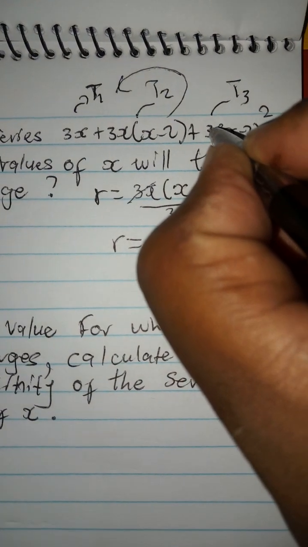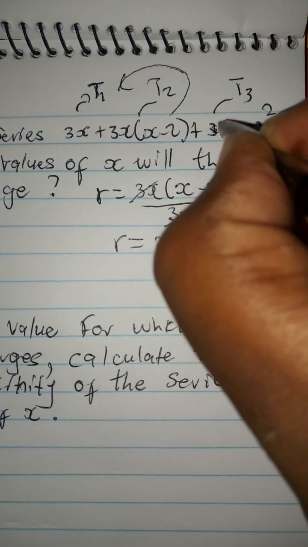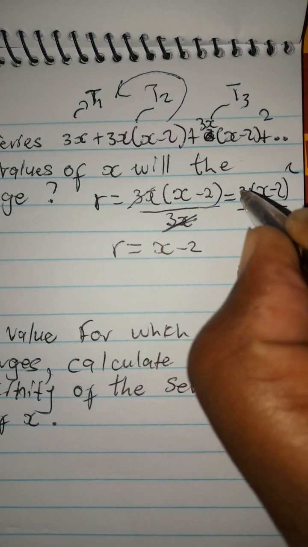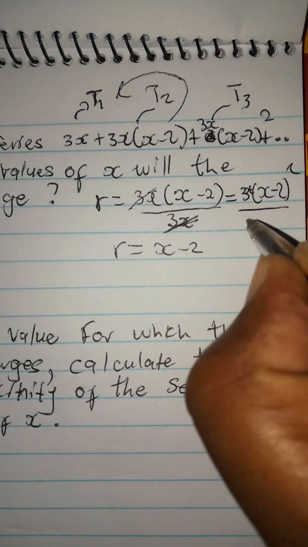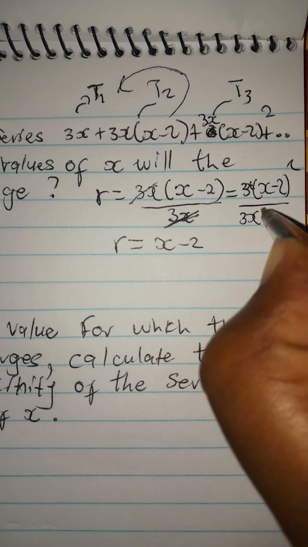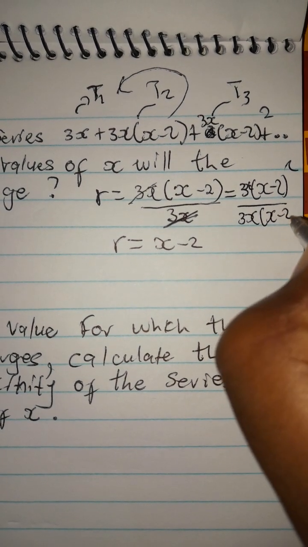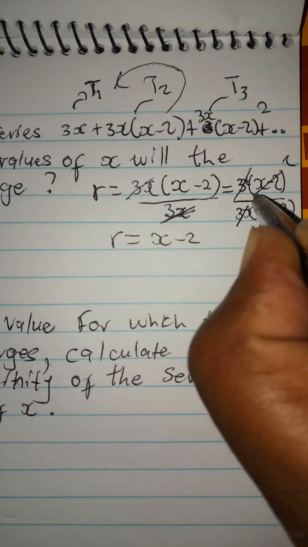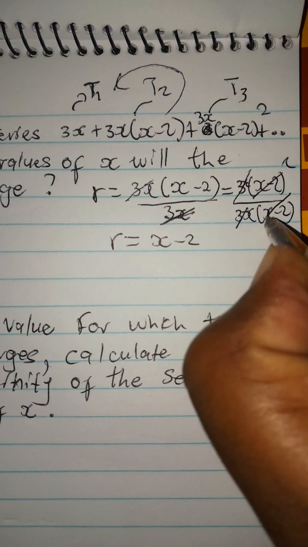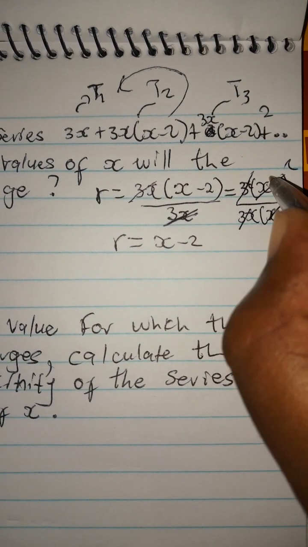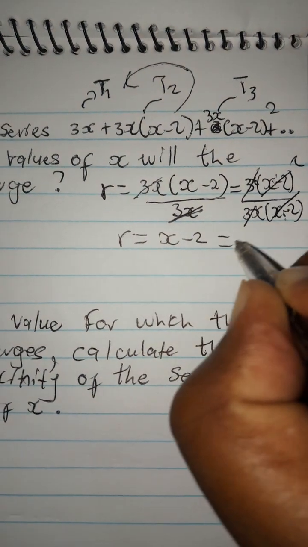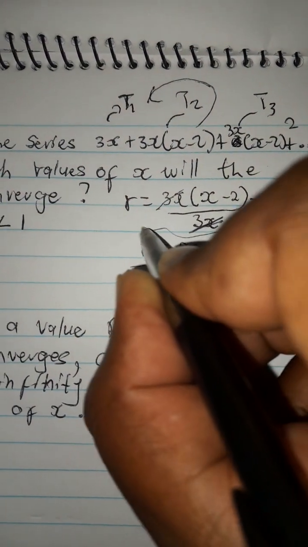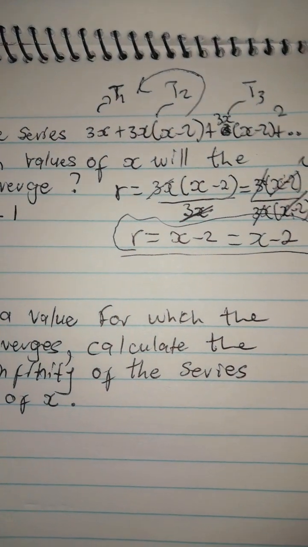Remember here it's also 3x, guys, not just 3. So sorry for that. So it's 3x divided by 3x and x minus 2. So this and this will cancel, and x minus 2 and x minus 2. So we only cancel one of x minus 2. So we are left with x minus 2, meaning that we are right in terms of finding the constant ratio.